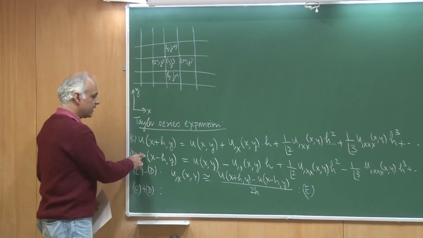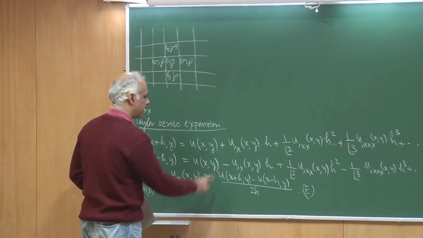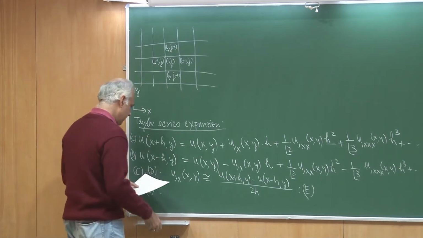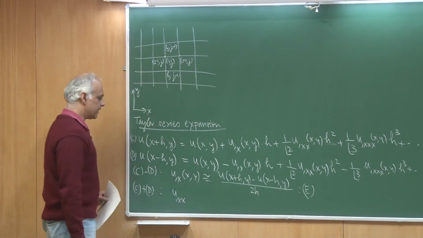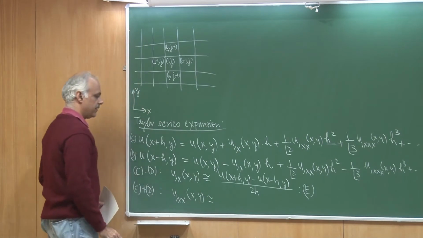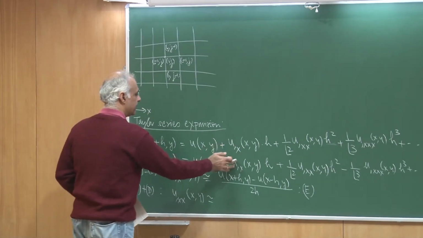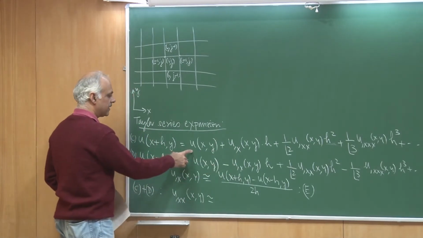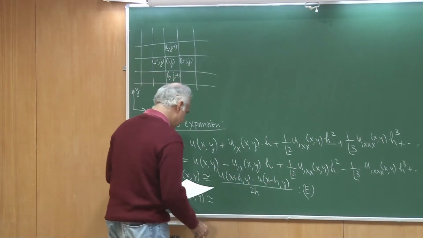If I add C and D, then you will notice I can get rid of these terms, and I should be able to get an estimate of u comma xx, so let us do that. So if I add them, then these terms drop out and I get sum of these and minus these terms, and I can estimate u comma xx. So let me write that down for you.